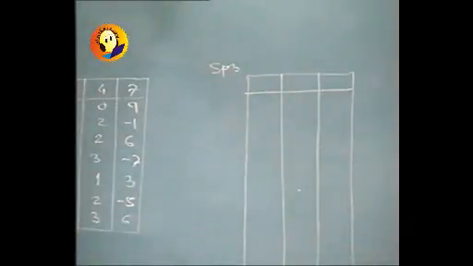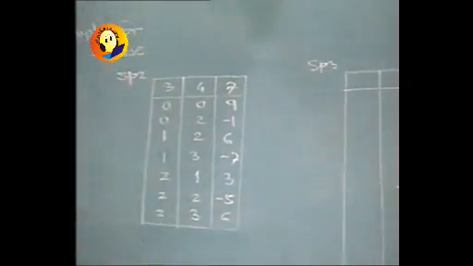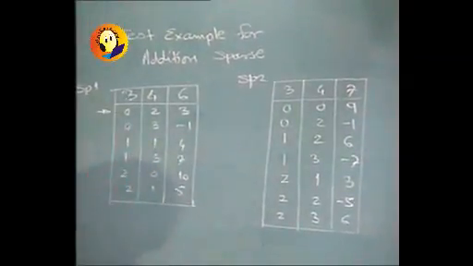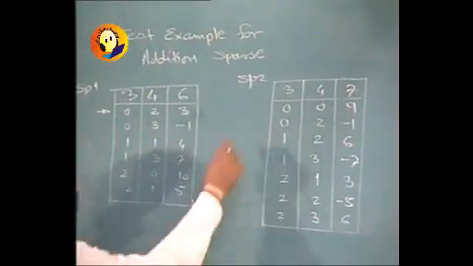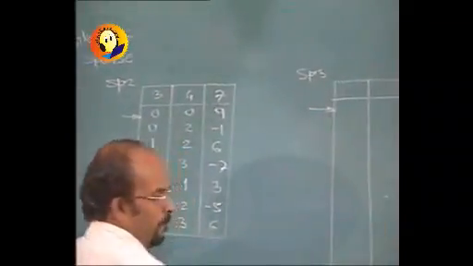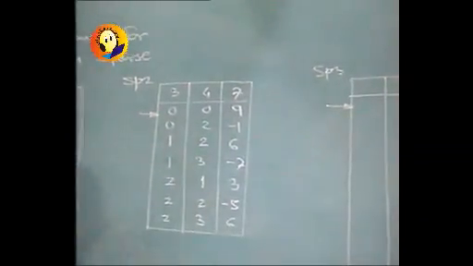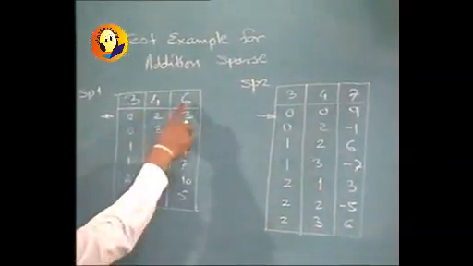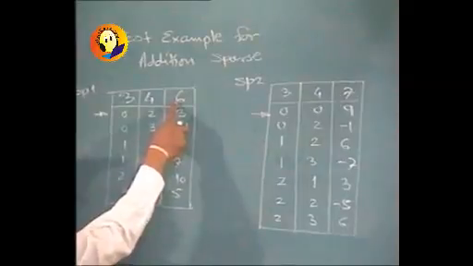Where is initially K1? At 1. Where is K2? Position 1. Where is K3? Position 1. What do we compare? Whether K1 is less than sp1 square bracket 0 dot val.